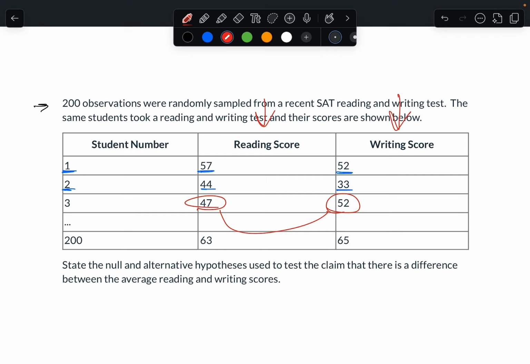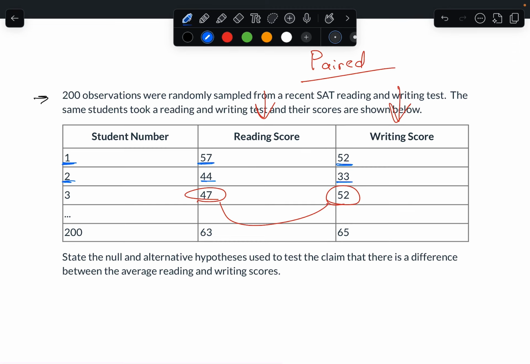I wouldn't want to compare different students' reading scores and writing scores because obviously they're different students, and I want to compare each individual student's reading score and writing score. So that's what tells me I'm going to be working with paired sampling here. So this is an example of paired sampling, which is what we're focused on mostly in this section.